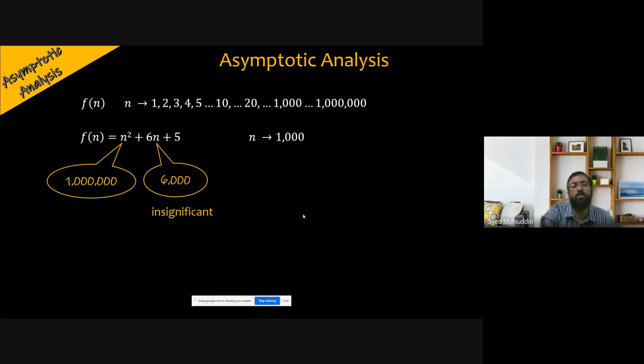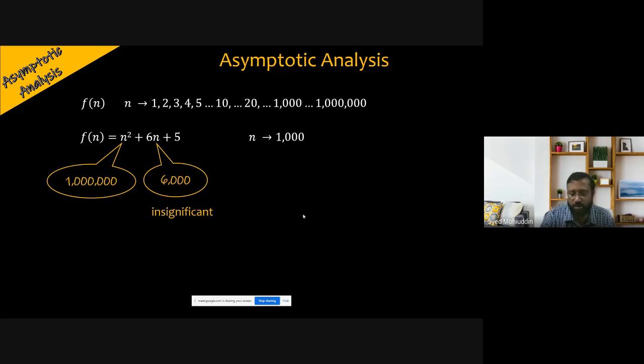And we are talking about 1,000 itself. If you take 10,000 or more than 10,000, then obviously 6n plus 5 doesn't make any difference when we have n square in the expression. So we say that the lower degree terms are insignificant.